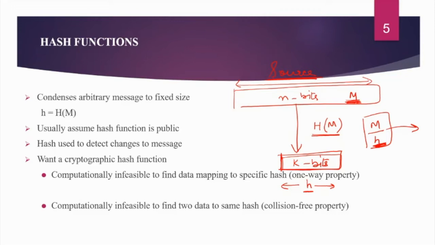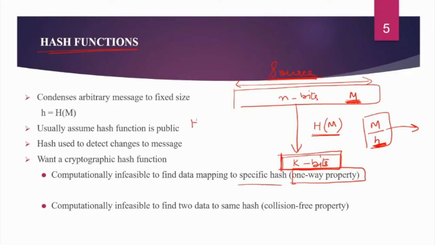Now, there are certain properties of hash functions which are very important to achieve message authentication. The first property says that it is computationally infeasible to find a data mapping to a specific hash value. Again, we come to this one-way property, if you remember. So this is also a one-way function.